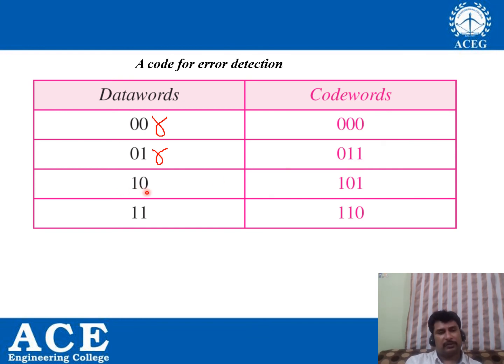Similarly for the next one, 1 0, the number of ones is odd but my requirement is even, so I place r as 1. And in the last case, the total number of ones in 1 1 is already even, so to keep it even, the r value should be 0. So the redundant bit depends on the data word. That is how we generate the value of r.